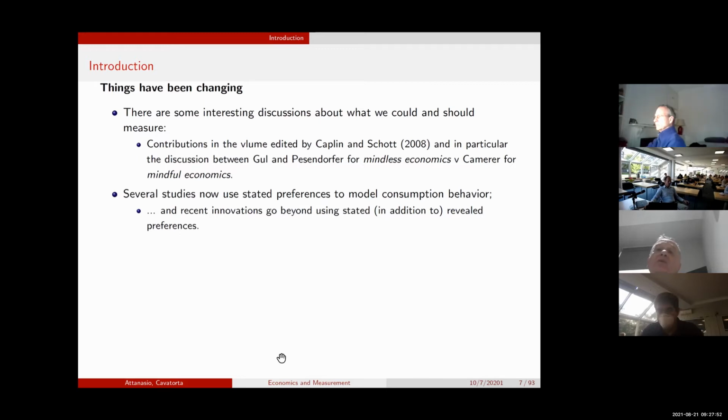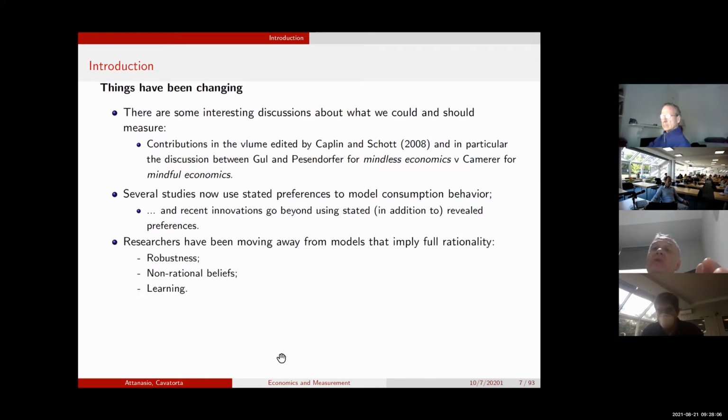And so now, because of this evolution, several studies use stated preferences to model consumption behavior. Sometimes they try to use the stated preferences in combination with revealed preferences. Researchers have been moving away from models that imply full rationality. Indeed, part of the discussion between Gul and Pesendorfer and Camerer is about what economic models say.